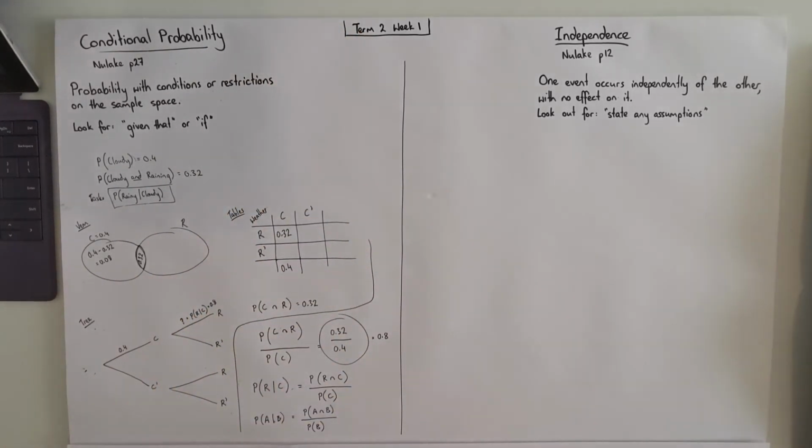Moving on to independence. My quick note here is that independence means that they have no effect on each other. Event A does not affect event B. Let's continue with our example from the left, talking about our cloudy and rainy days. Of course, we've had to state a few assumptions.